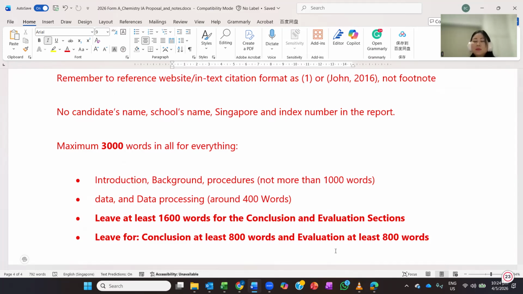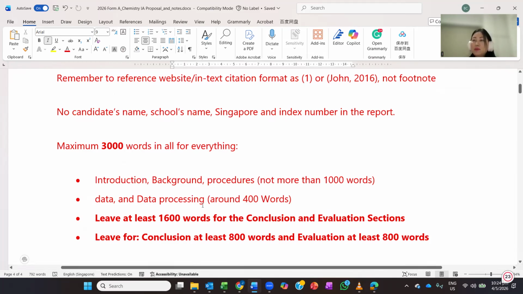So therefore, for this batch, I want to implement some guidelines. So your intro, your background, your procedure should not be more than 1,000 words, if possible, so that we can keep at least 1,600 words for later when we do the conclusion and evaluation. So I'm going to reserve these words first for these 2 sections.